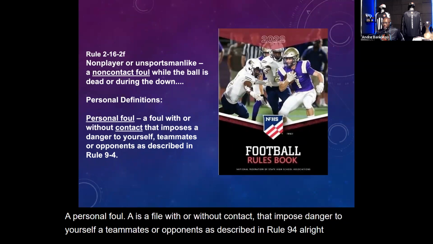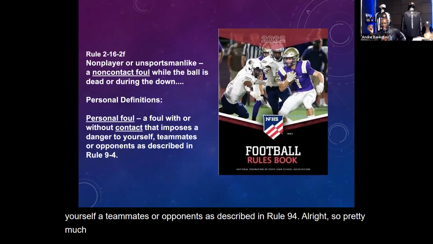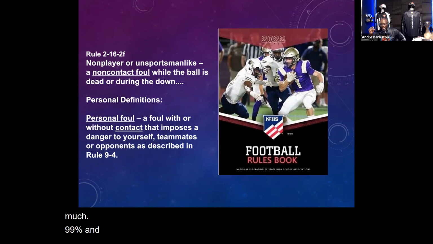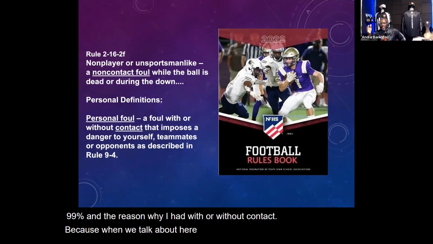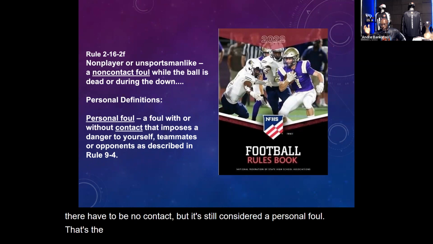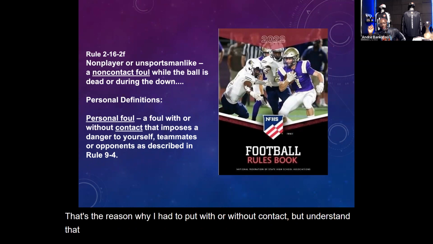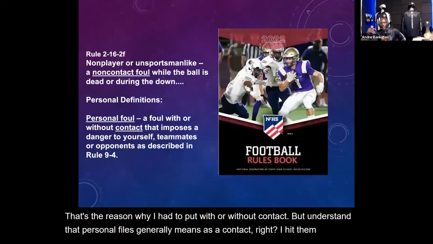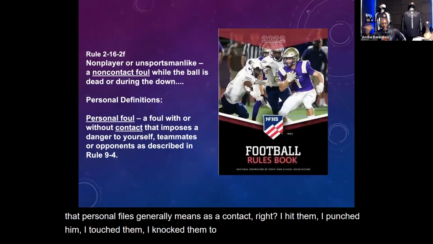So pretty much 99%. The reason I put with or without contact is that when we talk about hurdling, that's a personal foul, but there doesn't have to be contact, and it's still considered a personal foul. But understand that personal fouls generally mean there's contact, right? I hit him, I punched him, I touched him, I knocked him to the ground, I grabbed his face mask, I did a whole bunch of other things.